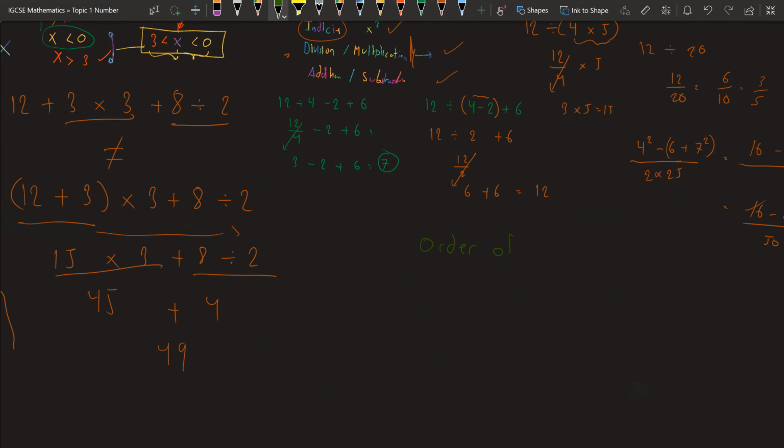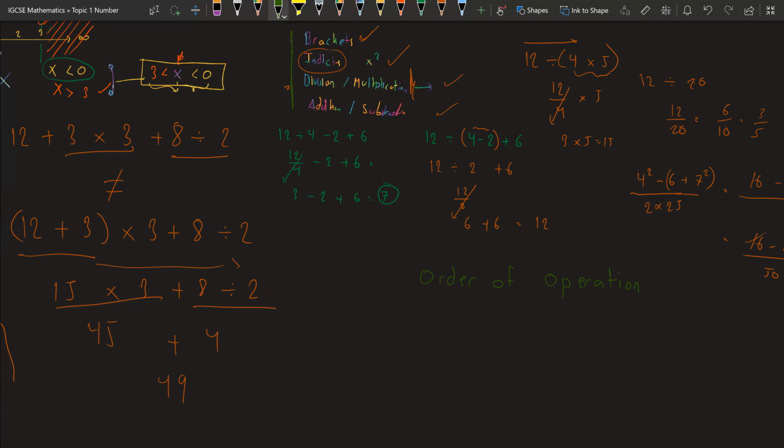The order of operation, which are these, could be written as a mnemonic, and the mnemonic is BIDMAS: B for brackets, I for indices, DM for division and multiplication, A and S for addition and subtraction. Or sometimes you might see it as BODMAS.